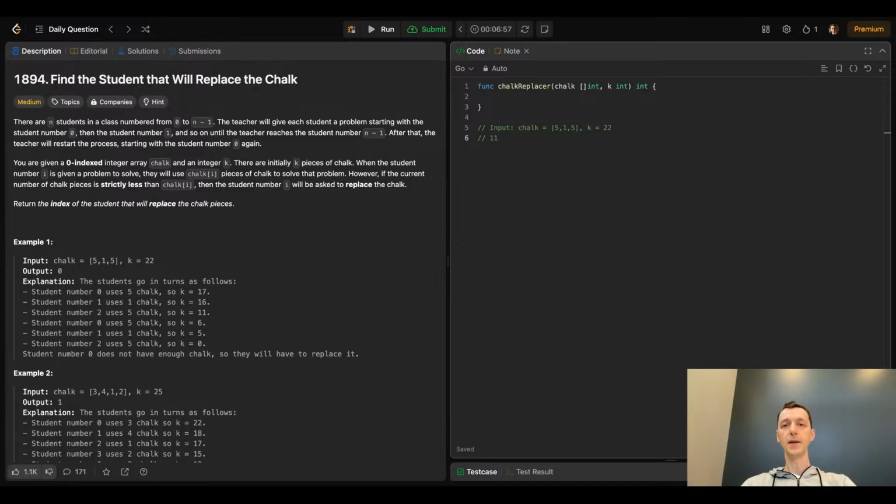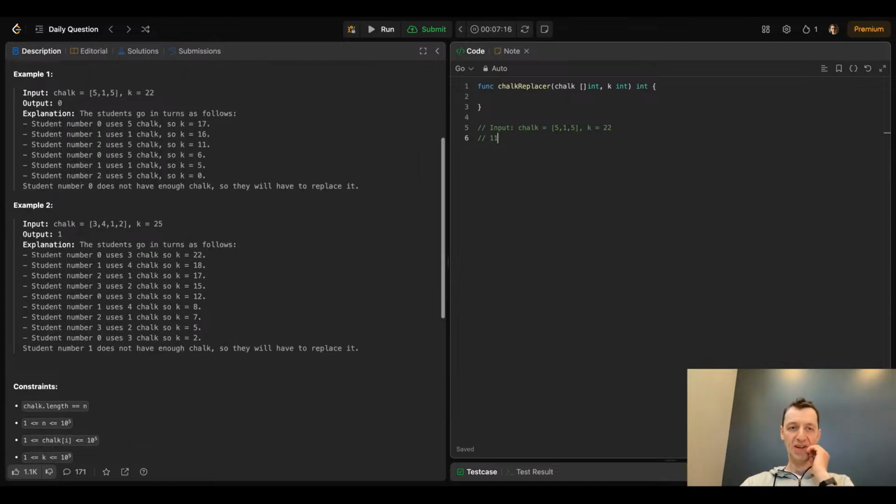I'm thinking of another approach that's non-iterative. I don't know if there is much value in it though.